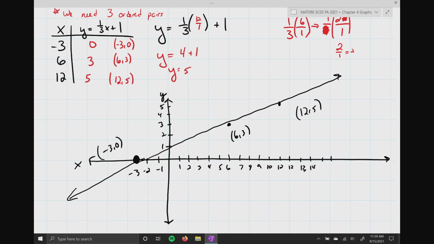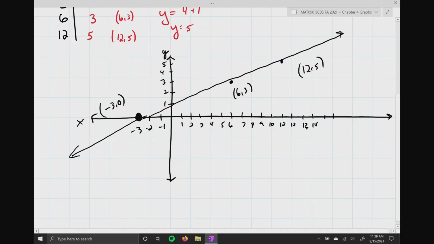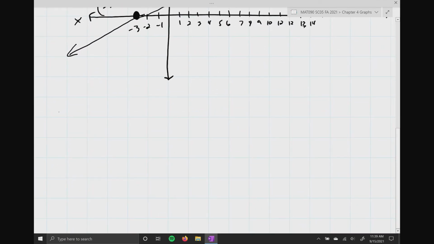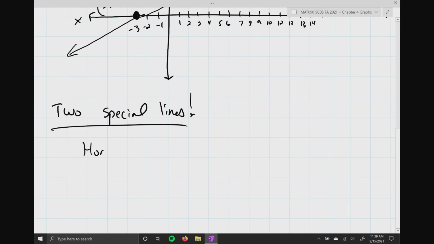All right. So now I want to go over two special lines. So I think the part that I had trouble with is I tried turning it into standard form first.